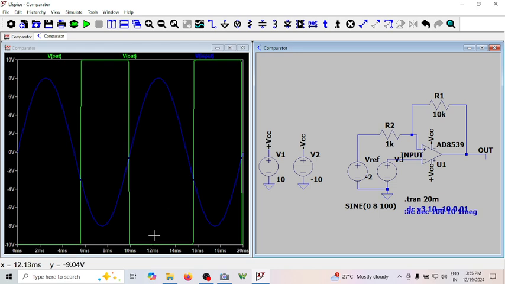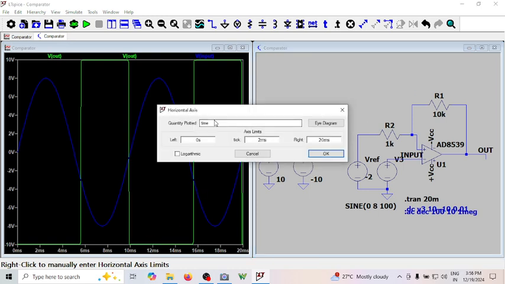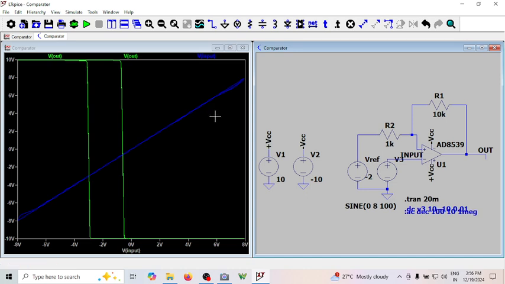Now if you want to see the transfer characteristics, the easy way is to replace this with V of input, because you want the x-axis to be the input. See now? Now you can take out this.